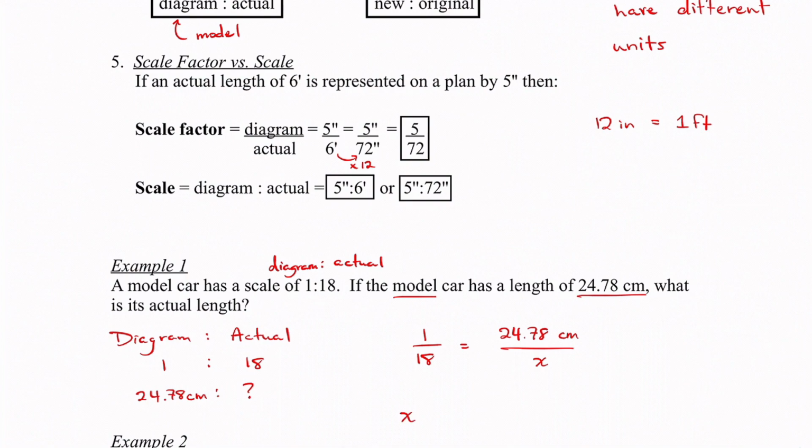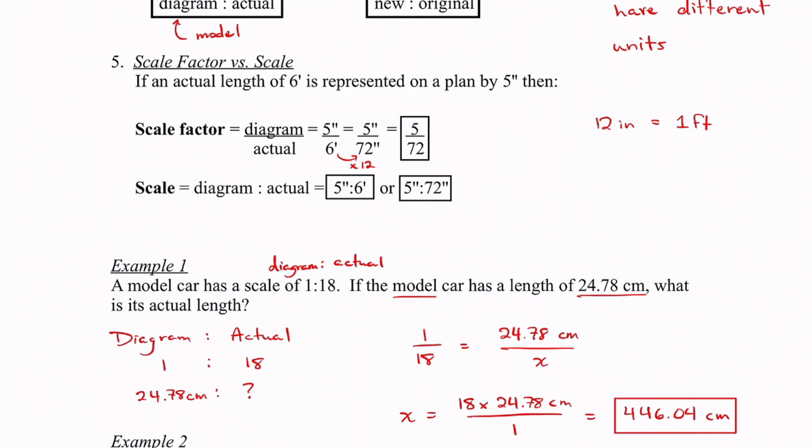So to solve for x, we can use our cross multiply and divide, so it's going to be 18 times that 24.78 centimeters, and then divide by the 1 across from the x, which is just a 1, so that won't change anything. So 18 times 24.78 is going to be 446.04, and our units are centimeters. That was the only thing that we had right there, centimeters.